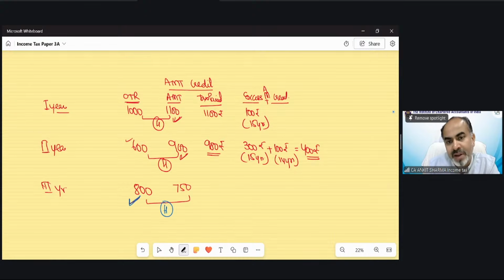The tax to be paid to the government is 800 rupees. And how much AMT credit can we utilize? Remember, how much credit do we have? 400. And how much of this AMT credit can we utilize against this 800?